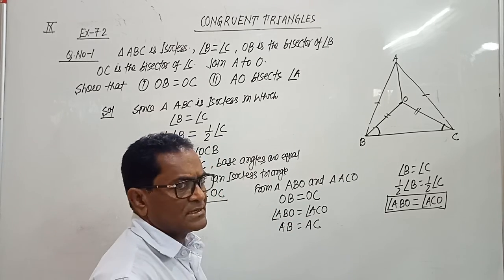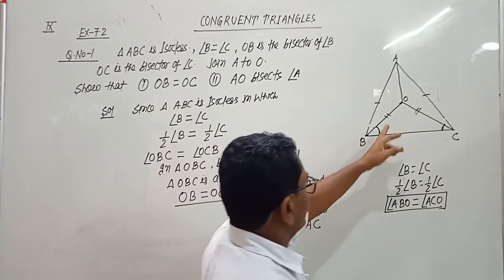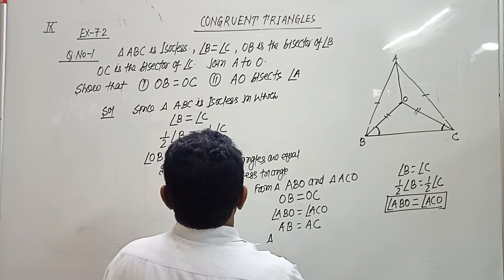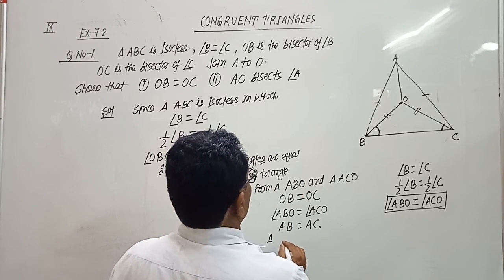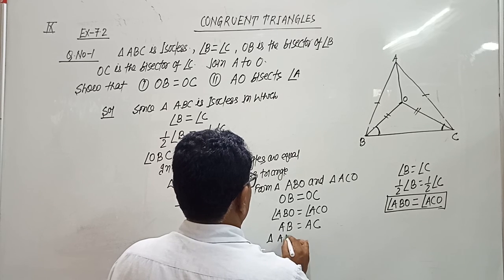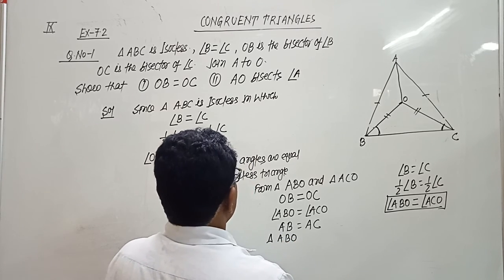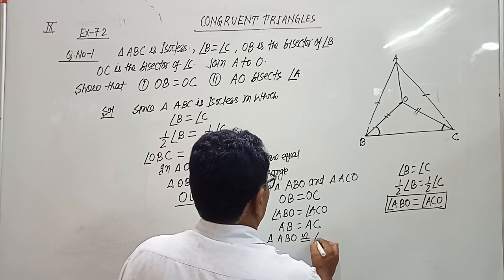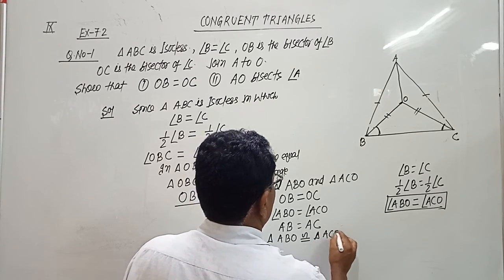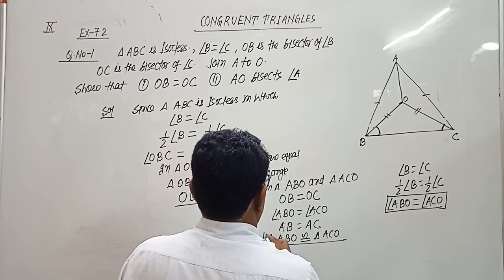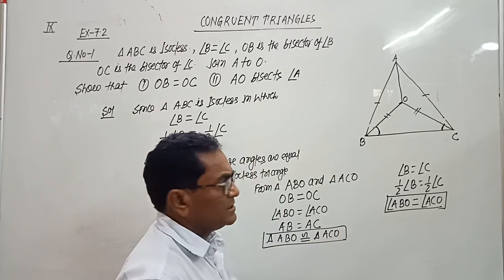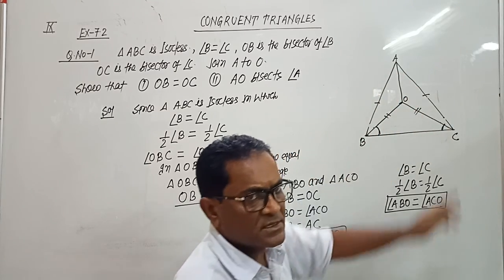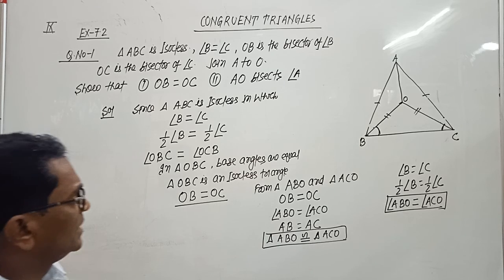So these two triangles are congruent by side-angle-side. We can write triangle ABO is congruent to triangle ACO.